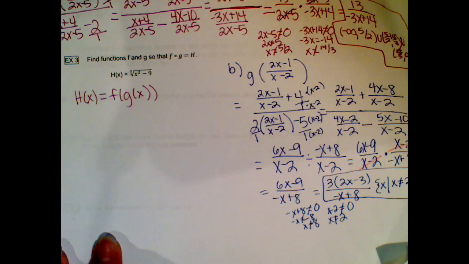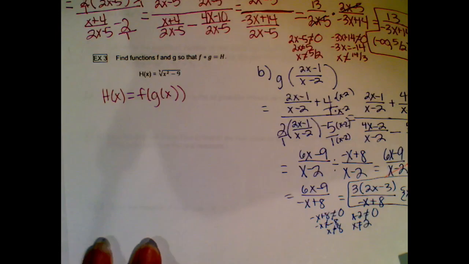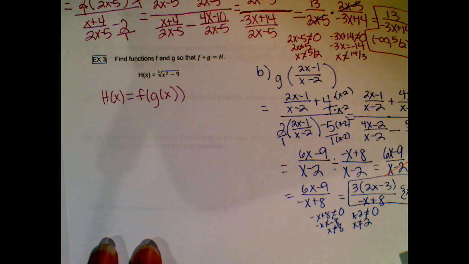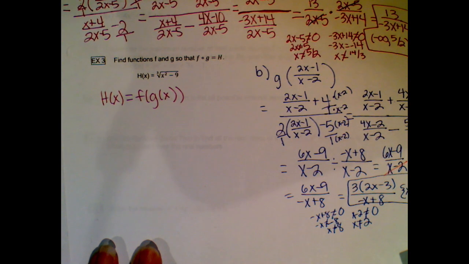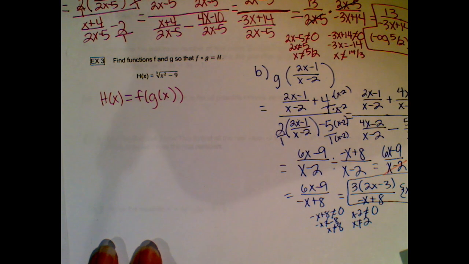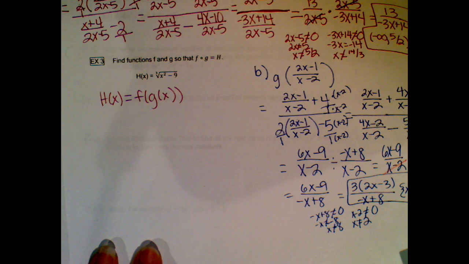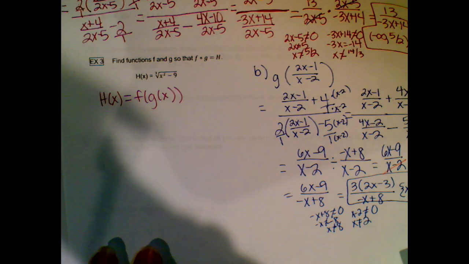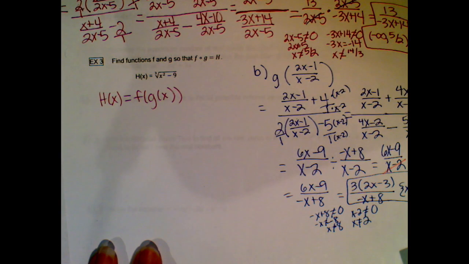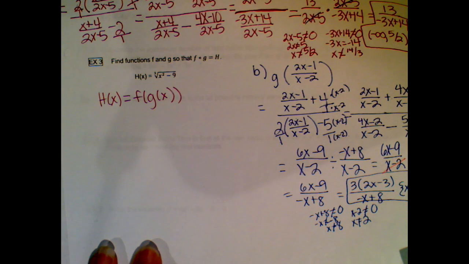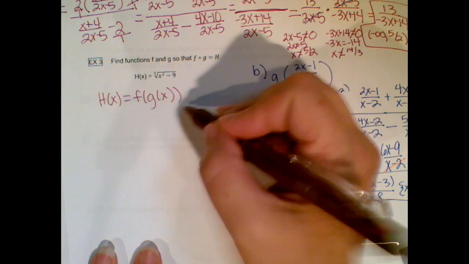It's kind of like when you have to teach proofs, that you're trying to teach someone how to think, and it's the same idea here. The main strategy is that you're trying to identify an outside and an inside rule. And once you do that, you can figure out what the functions are.